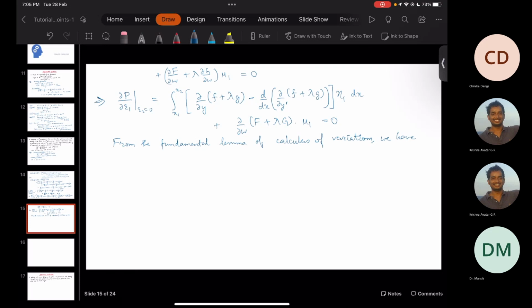So for this to hold for all perturbation functions, all that we require is that we must have this condition, that the integrand has to be equal to 0. This is also our Euler-Lagrange equation.